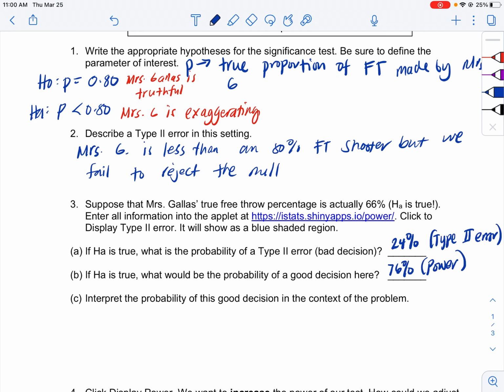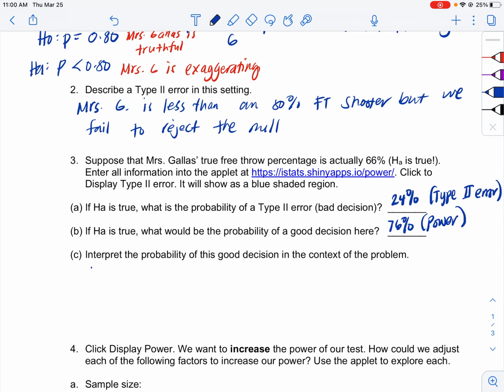Interpret the probability of this good decision. Again, the probability of making a good decision is the power. So let's interpret that.